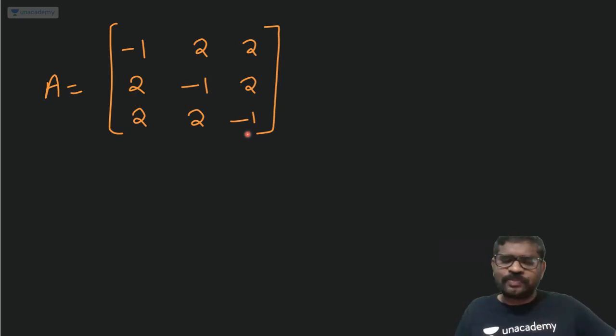You have 9 elements. If the matrix is with 9 entries, you have to find 9 cofactors. After that, cofactor matrix. Transpose of cofactor matrix gives us adjoint of A.